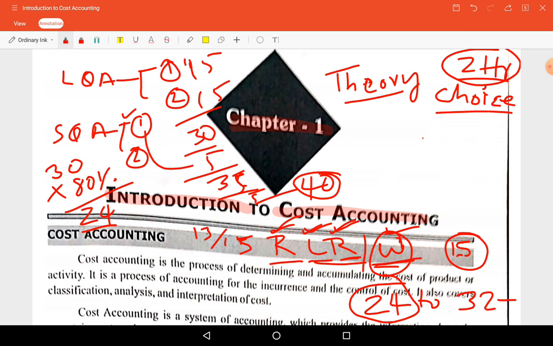So the main focus, this is the weak link I am saying, because problems take time to solve. But for a theory question, 2 lines, you read the question and you write the answer. But presentation is important, and presentation will come when you write the answer before the exam itself.